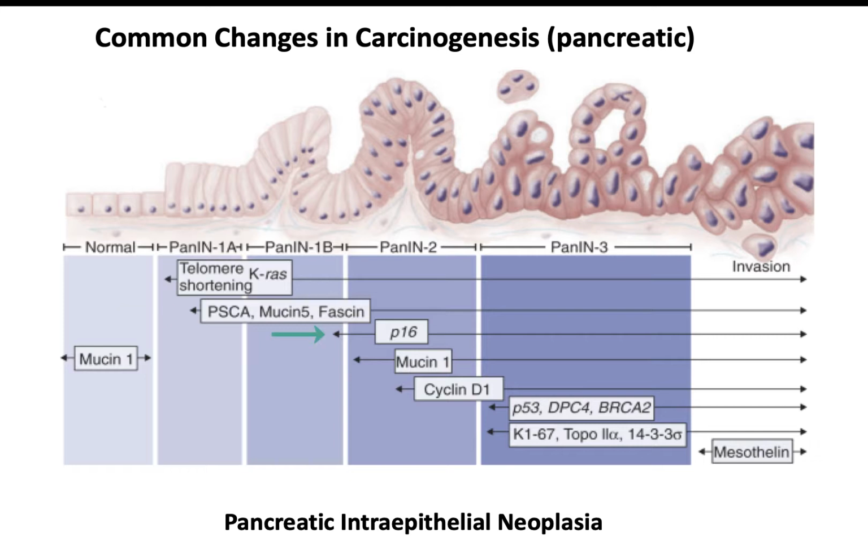Then one to a P16, which is a common mutation in cancers, mucin 1 mutation here, cyclin D1, which controls replication in the cell cycle, P53, which controls apoptosis, BRCA2, which senses changes in DNA mutation, TOPO2, and some other genes, and then eventually a mutation in mesothelin, which then allows those cells to invade and eventually metastasize.